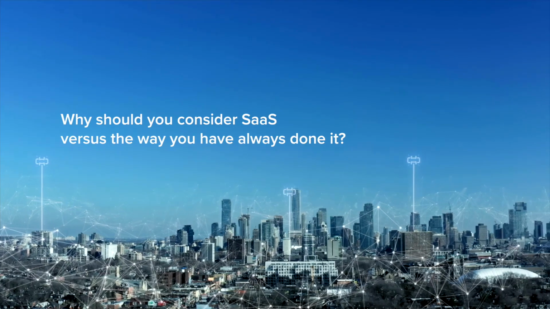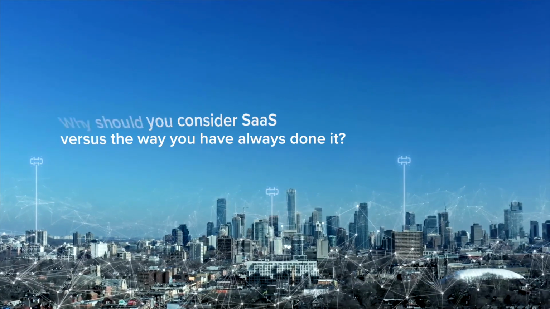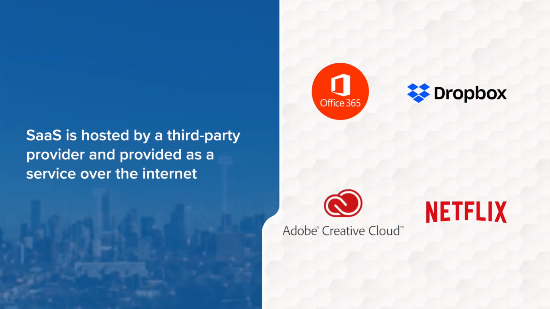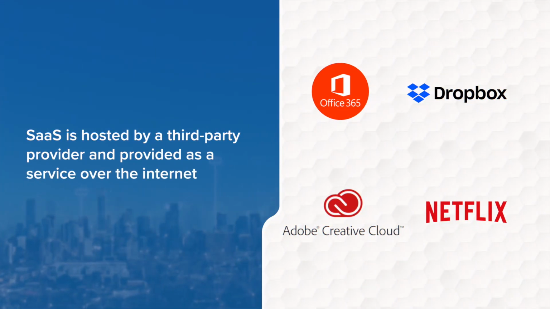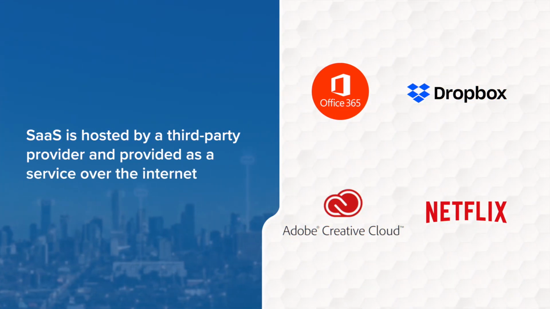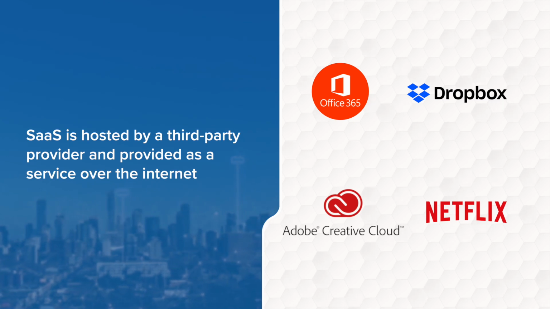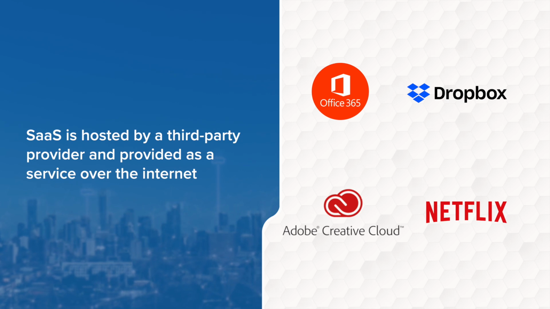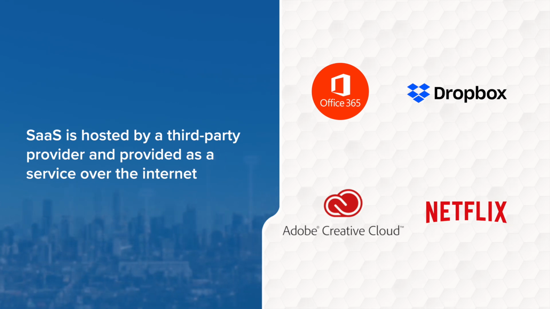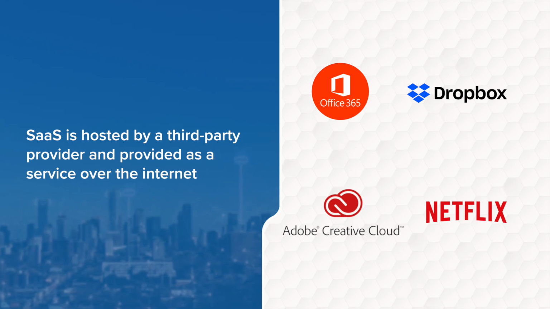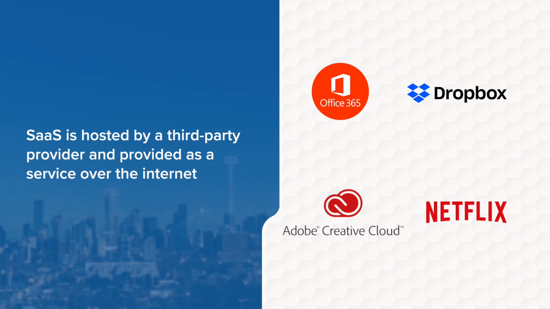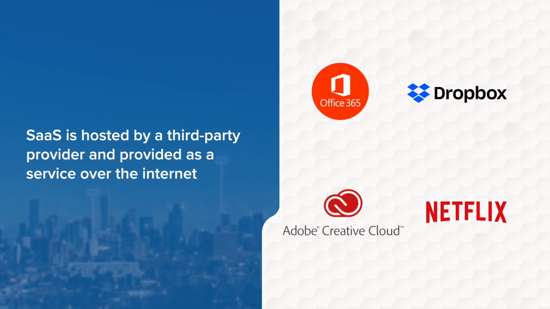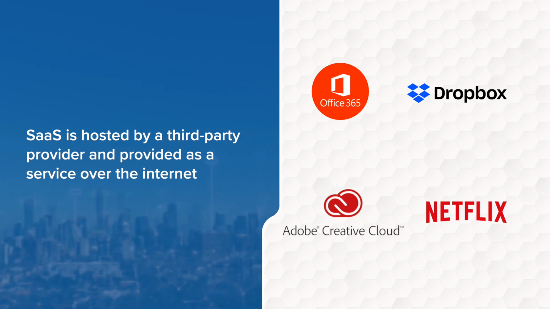SaaS is hosted by a third-party provider and provided as a service over the internet, usually for a monthly subscription fee. After some initial configuration, such as setting up authorized users, SaaS is typically ready to use and run from a user's web browser, which allows you to skip any additional downloads or application installations.